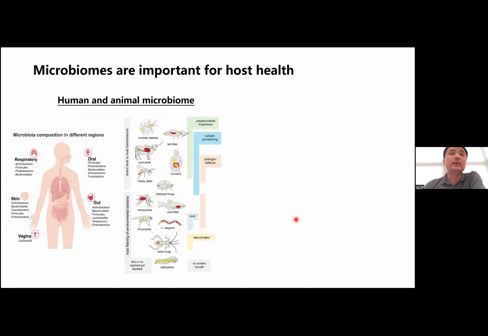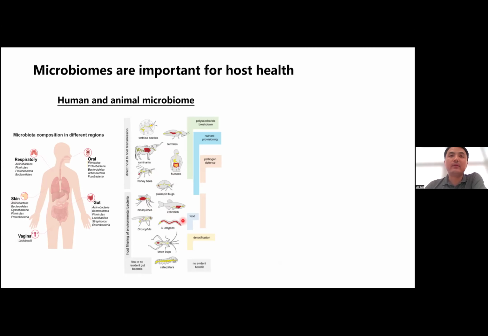Within the past decade, there have been a lot of breakthroughs, and people have started to realize that these microbial communities have a lot of relevance for host health. For example, for humans, the gut microbiome, as well as microbes at other sites like the oral cavity and vagina, have relevance for a lot of important diseases, and also for other animals, from worms to rumen animals.